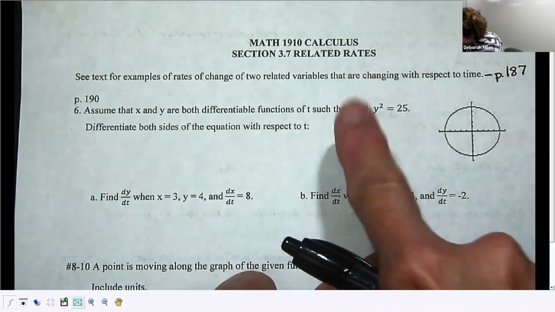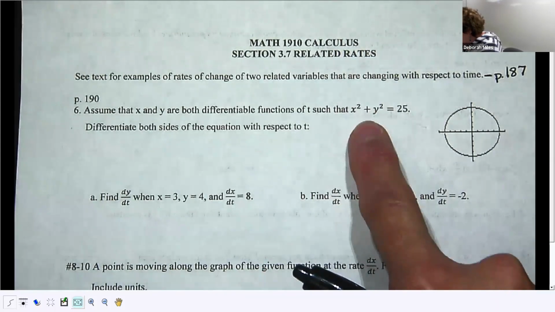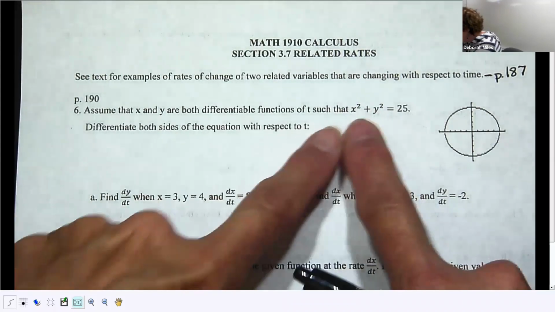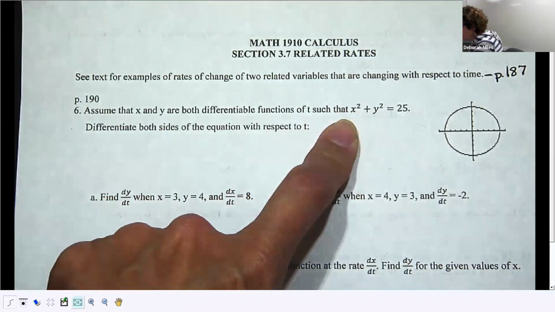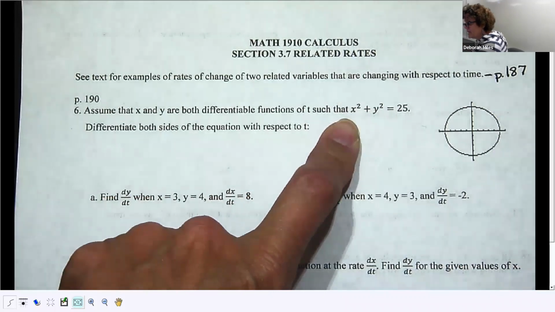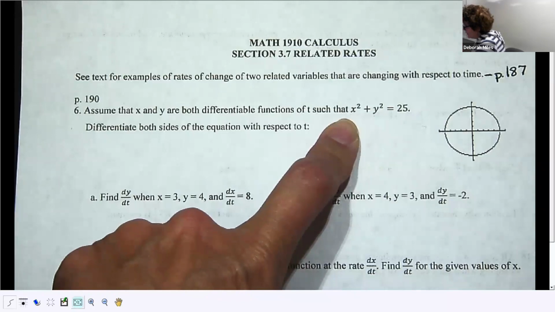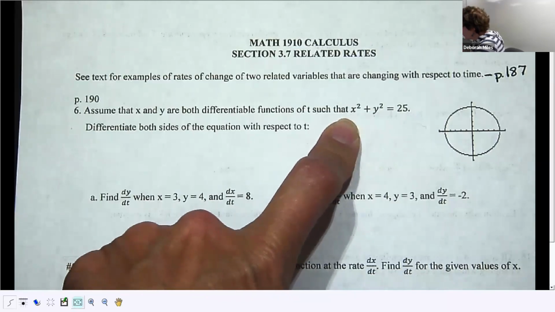We have an equation that relates x and y, where x and y both depend on time. So we want to differentiate both sides with respect to time. Just like implicit differentiation, anytime we were differentiating something with a y in it, we said y is some ugly function that we don't know, so part of the derivative has to be y prime.